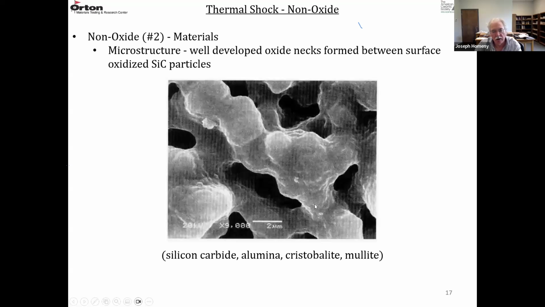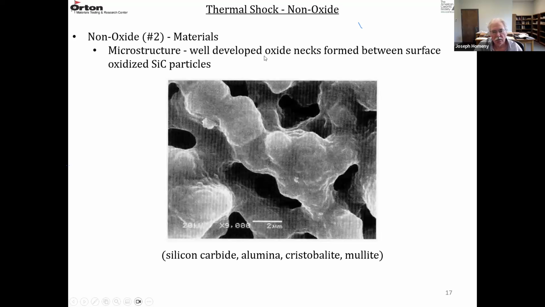So this is what the microstructure of this refractory looks like. You have these spherical areas. That's the silicon carbide particles that are now covered with oxide, and they're connected by these oxide necks.